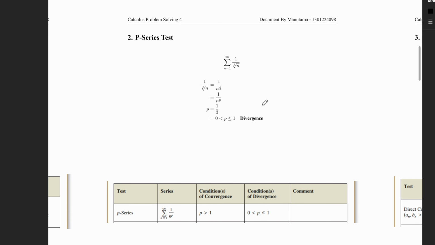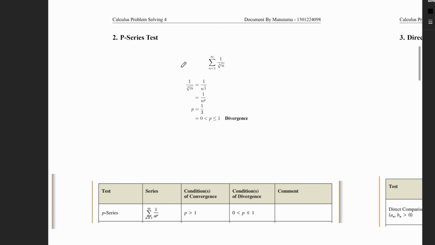Next, for question 2, we are using the p-series test. I took the series of n from 1 to infinity of 1 over the cube root of n. For this one, we just need to find the form n to the power of p.